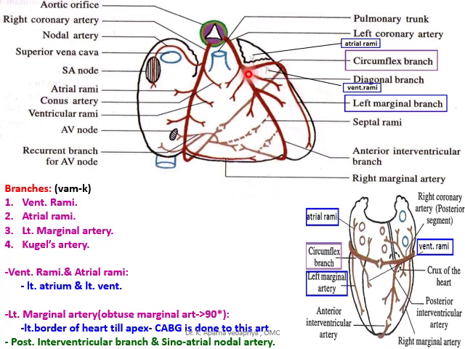And this circumflex branch has to be remembered for the fact that it is related to the mitral annulus. So any surgeries pertaining to mitral valve replacement can cause damage to this circumflex branch of the left coronary artery.